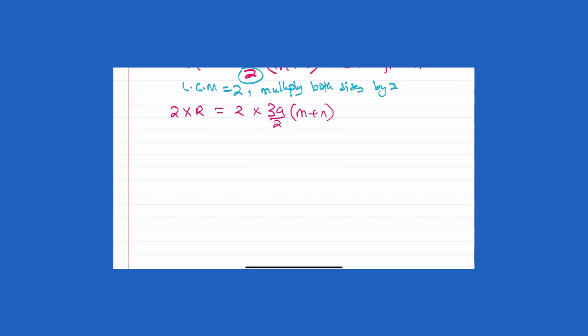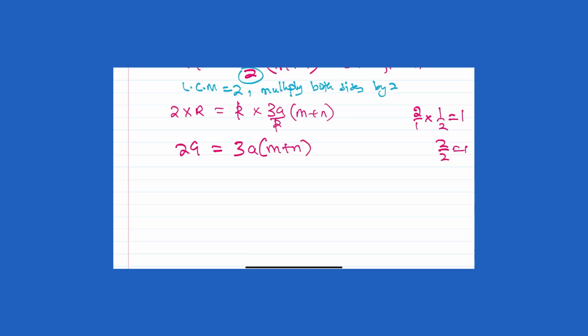And see what happens. These two will cancel out. 2 over 1 times 1 over 2 equals 1. So that's what that one becomes. So we have 2r = 3a × (m + n).